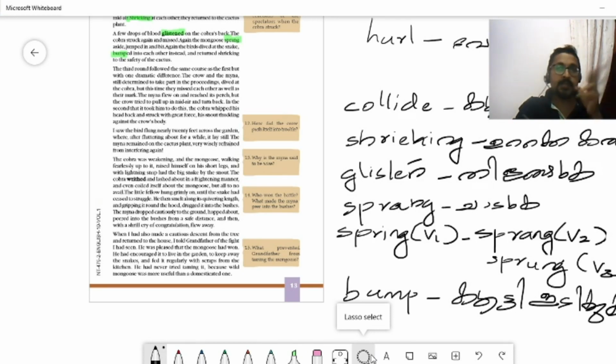Then bump on the road is the noun form: a projection made on the road to reduce the speed of vehicles. Bump. So let's come to the text again.